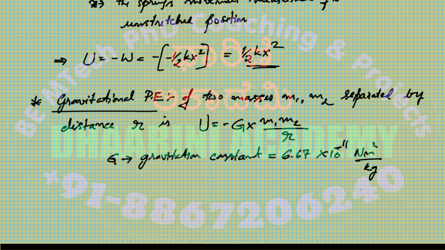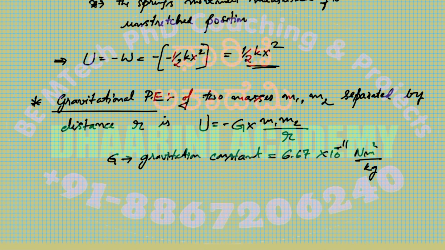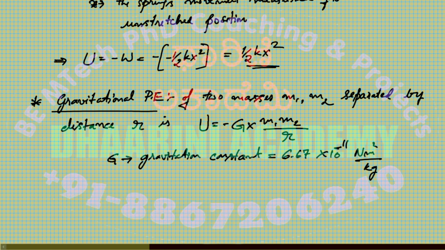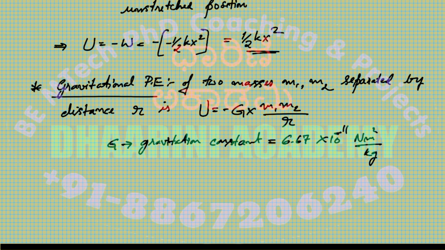But now let us say there is a body of mass m raised to a height h from Earth's surface. Then you can find out how much is the change in the potential energy of the system with respect to Earth and the body. That also we can measure, under the same gravitational potential.